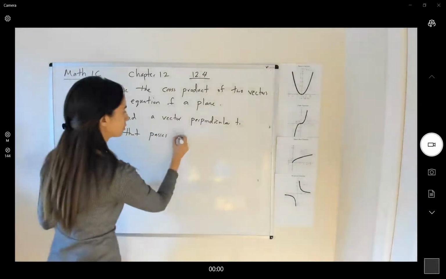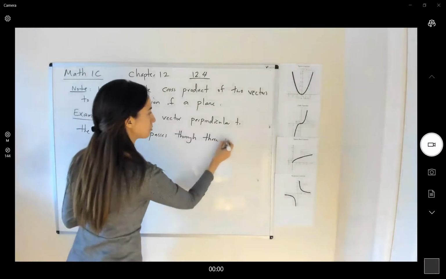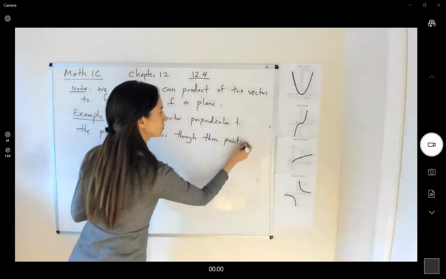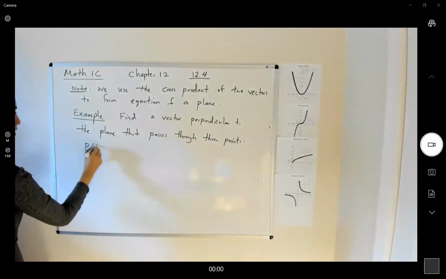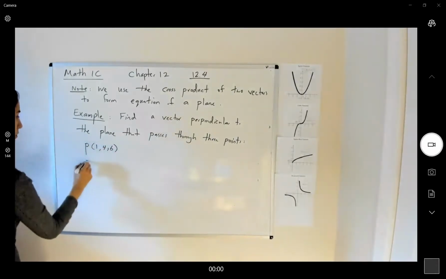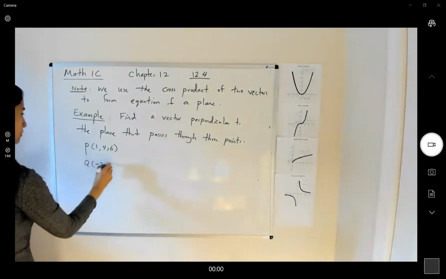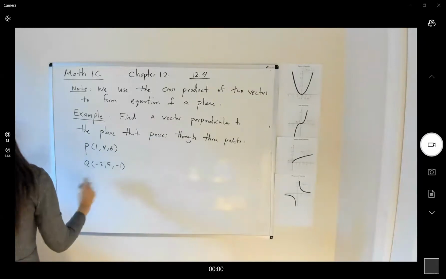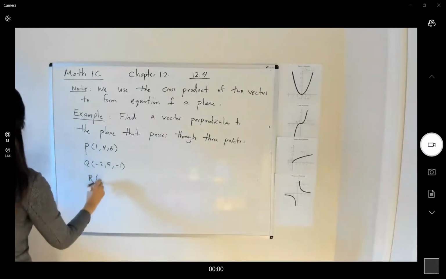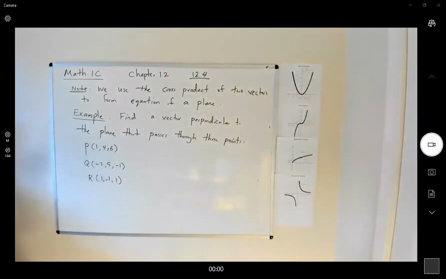Passes through 3 points. So the first point, P, is (1, 4, 6). The second point, Q, is (-2, 5, -1). And the last point, R, is (1, -1, 1).